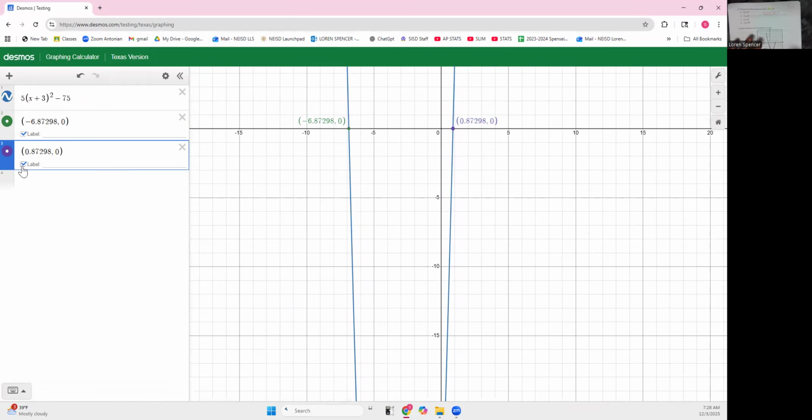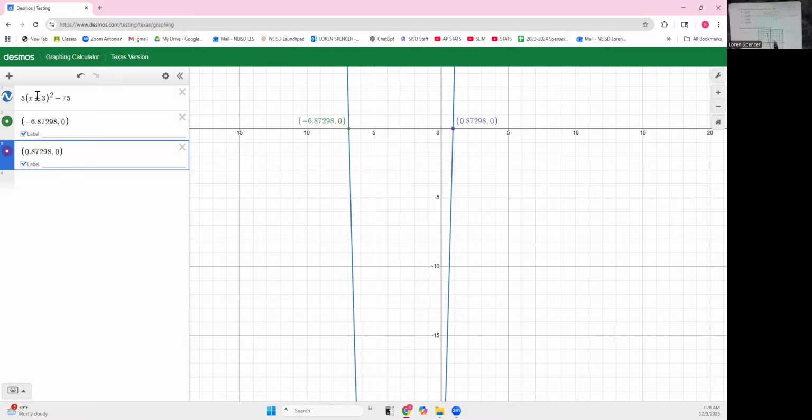So we end up with negative 6.87 comma 0, and we also end up with 0.872 comma 0. Okay, so now that I have that, it's like, well, gosh, what do I do?